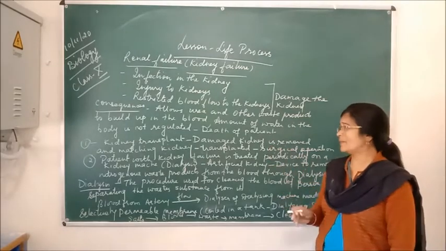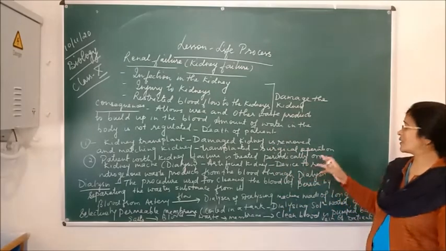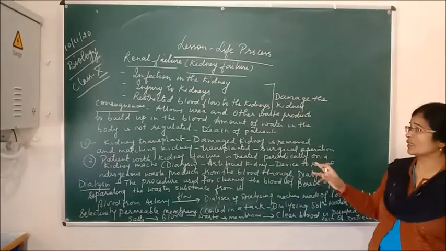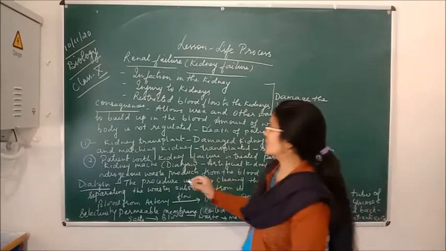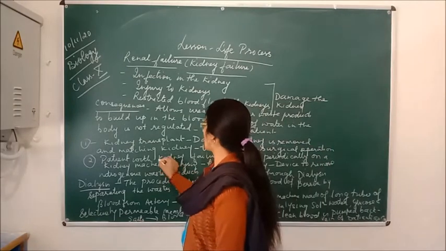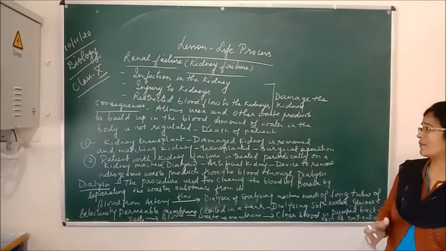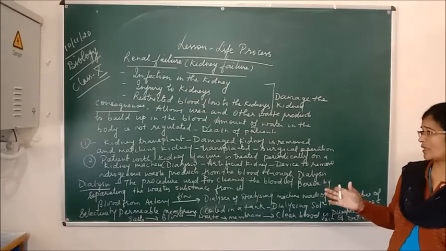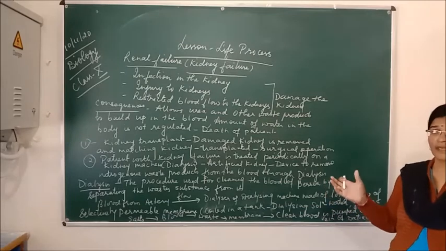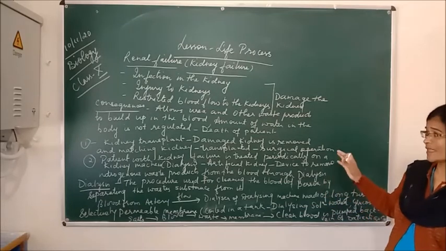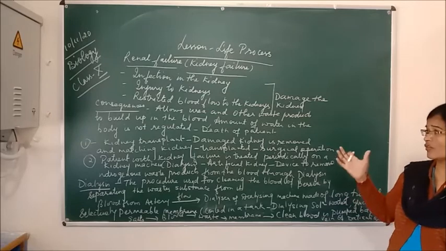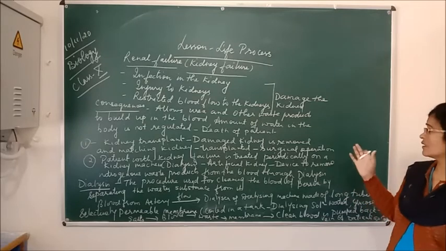And second is that the patient with kidney failure is treated periodically on a kidney machine. This machine is called a dialysing machine, and the process in which the kidney failure patient is treated periodically through the artificial kidney is called dialysis, and the machine on which it works is called a dialysing machine.